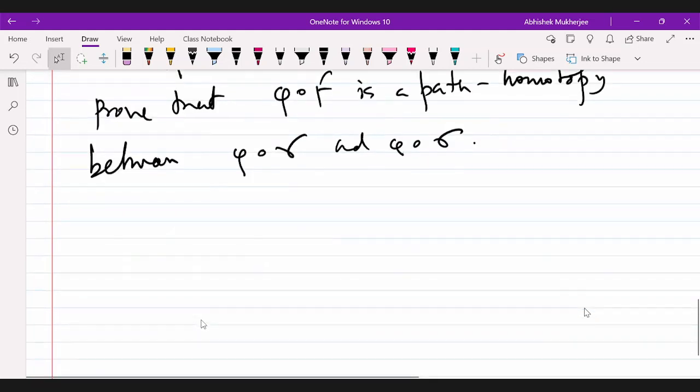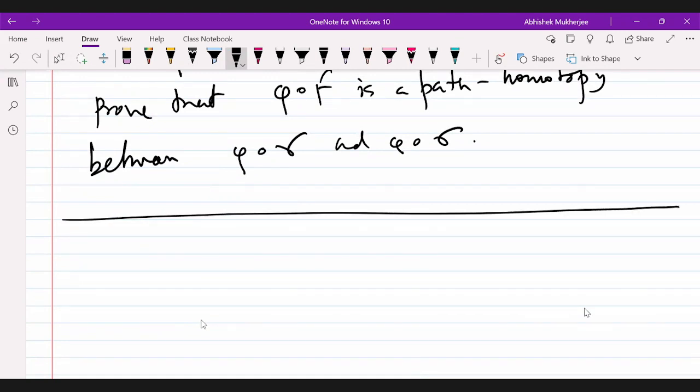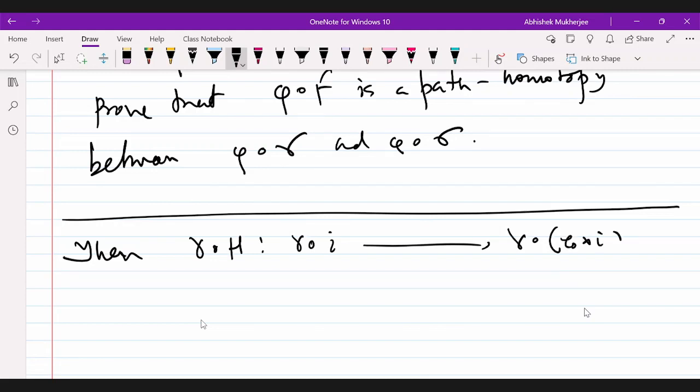So now let's come back to the previous case. Then, in view of the above result, gamma compose H must be a path homotopy in between gamma compose I and gamma compose E naught star I.